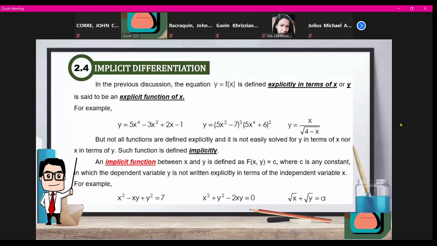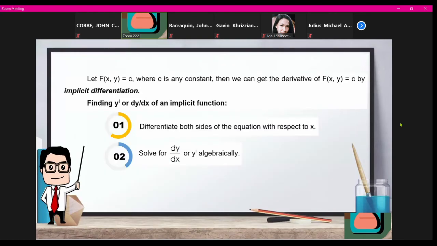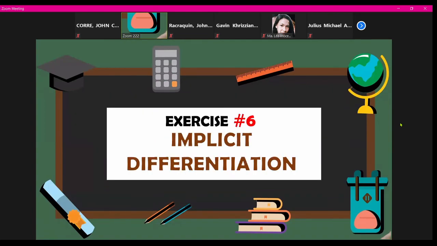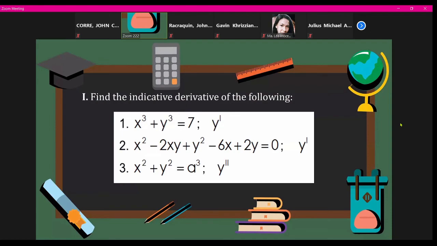So nasolve na natin. Actually, after that, ito na, example. So next meeting na natin to. Find the slope. Kasi mabot na tayo ng 9 o'clock. Then, exercises number 4, implicit differentiation. So, titingnan nyo na lang doon sa in-upload ko sa inyo sa Google Classroom na yung PowerPoint presentation nito. Ito na yung susunod nyo na magiging exercise.